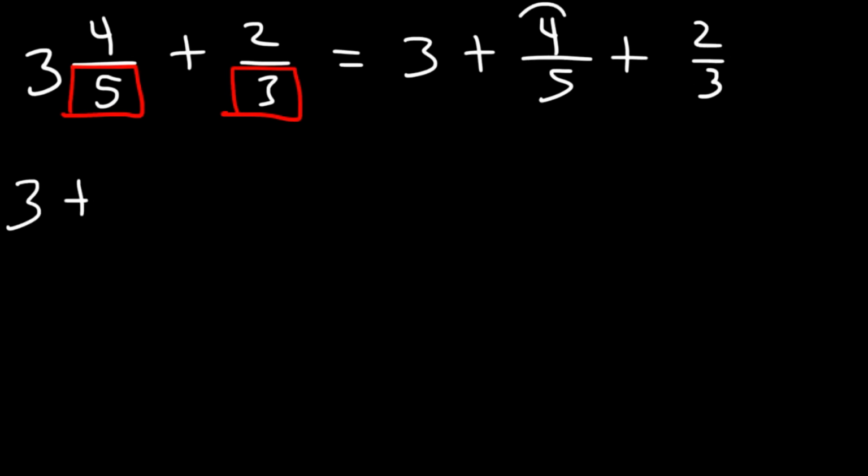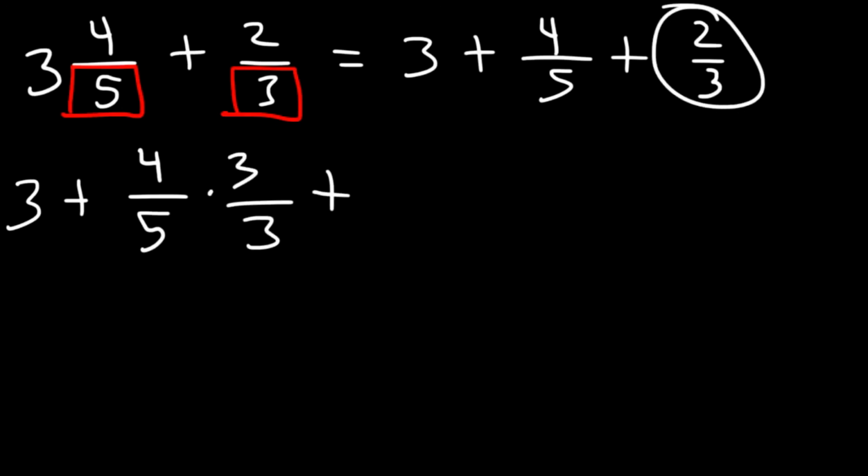So I'm going to multiply this fraction by 3 over 3. Now for the second fraction, I'm going to multiply it by 5 over 5.